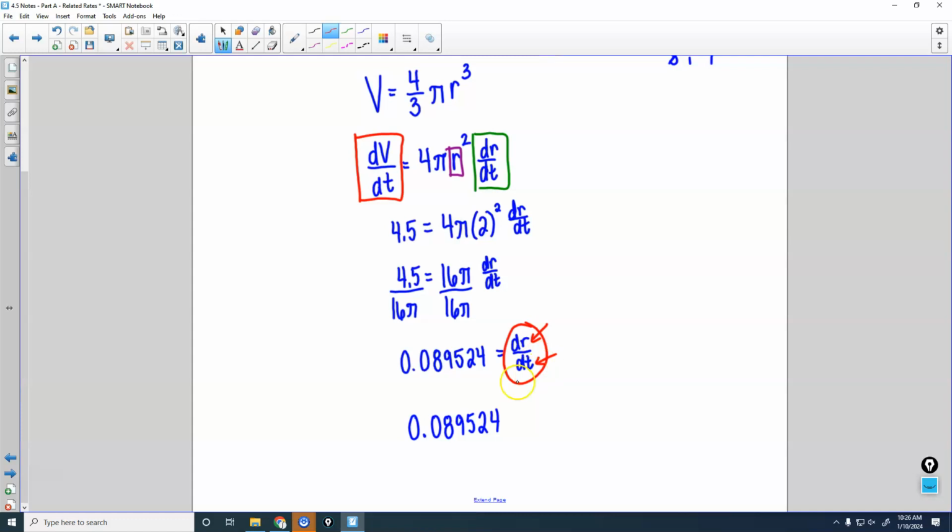Dr dt is the rate of change of r with respect to t. What do we measure r in? R is radius. What do we measure it in? Inches. What do we measure t in? What do we measure time in? Minutes. Right, for this. So it is inches per minute.